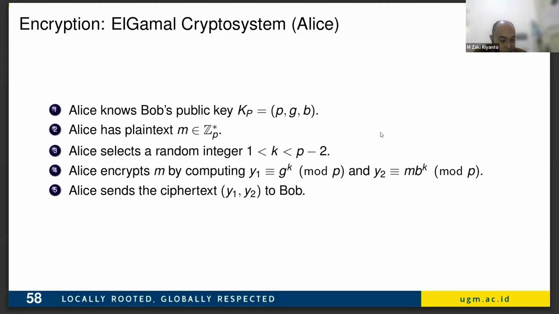But the disadvantage of ElGamal is that the size of the ciphertext is 2 times bigger than the plaintext. But the advantage of the ElGamal system is the randomized properties of the ciphertext.